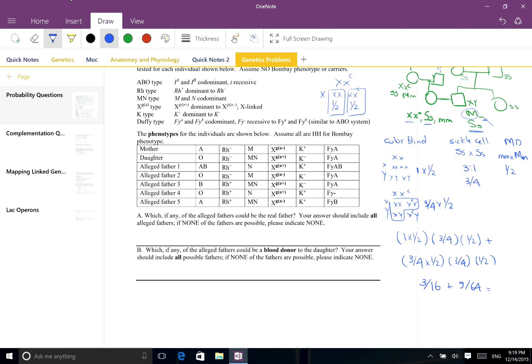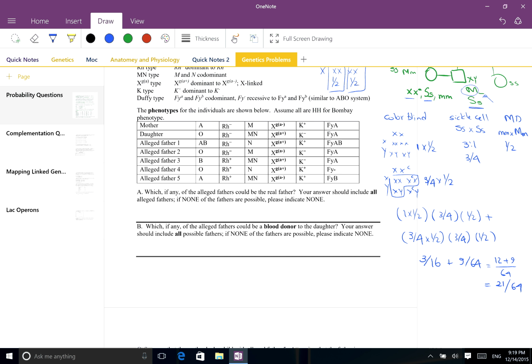If you were to use a calculator or do the math manually, multiply this by 4, so it's 12/64 plus 9/64. The answer is 21/64. Okay, so we now know how we got the answer for this one. Probability of the child not having any of the diseases is 21/64.